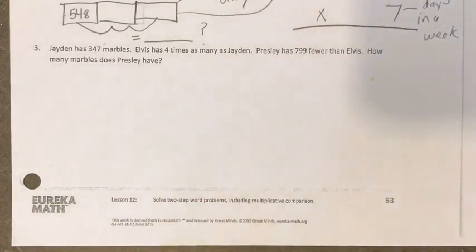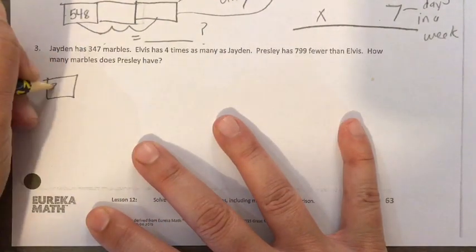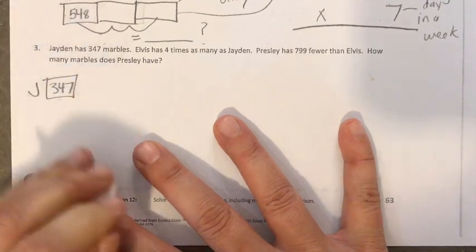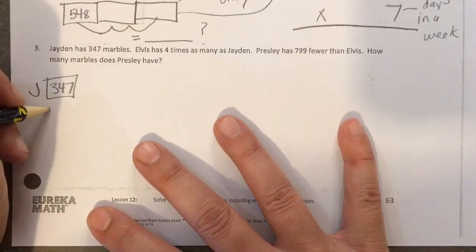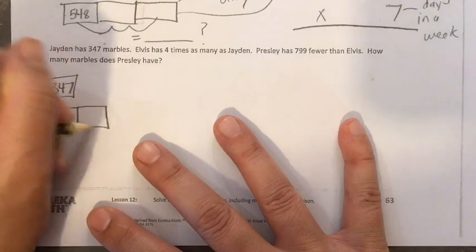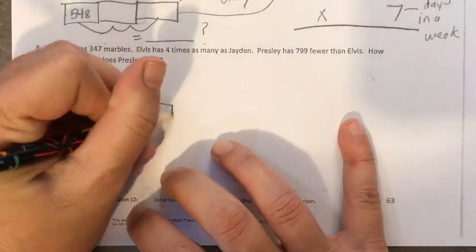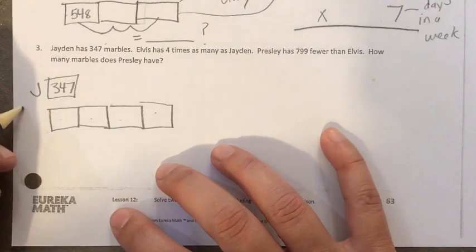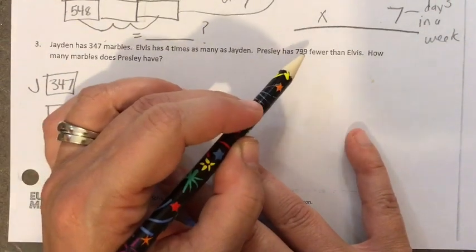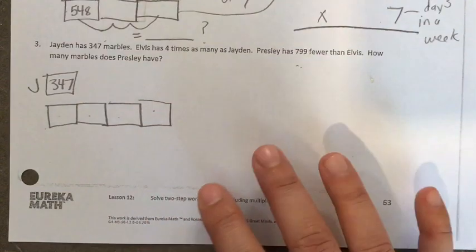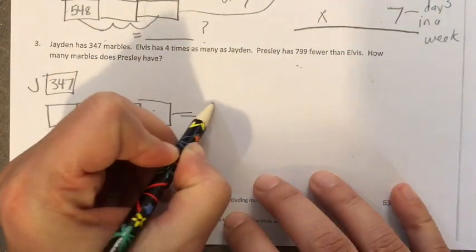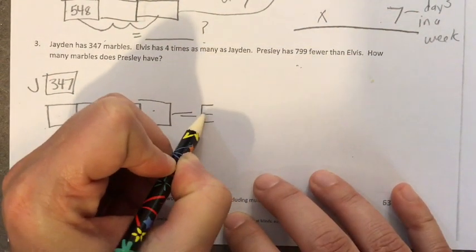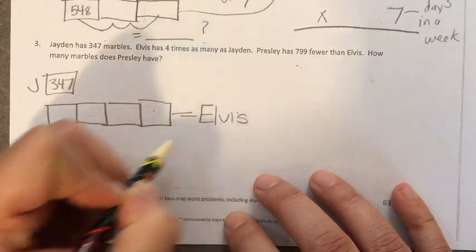All right, let's look at this next one. Jaden has 347 marbles. Elvis, I love that name. Elvis has 4 times as many as Jaden. Presley has 799 fewer than Elvis. So you need to figure out how many marbles Elvis has.